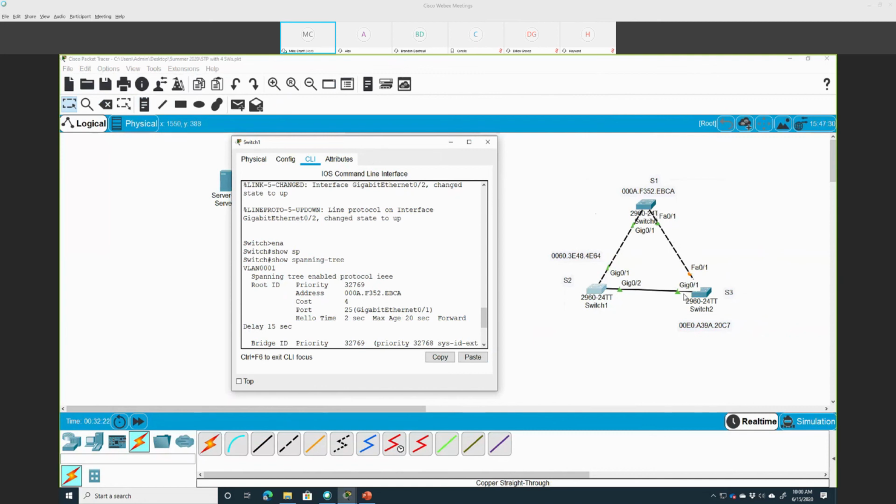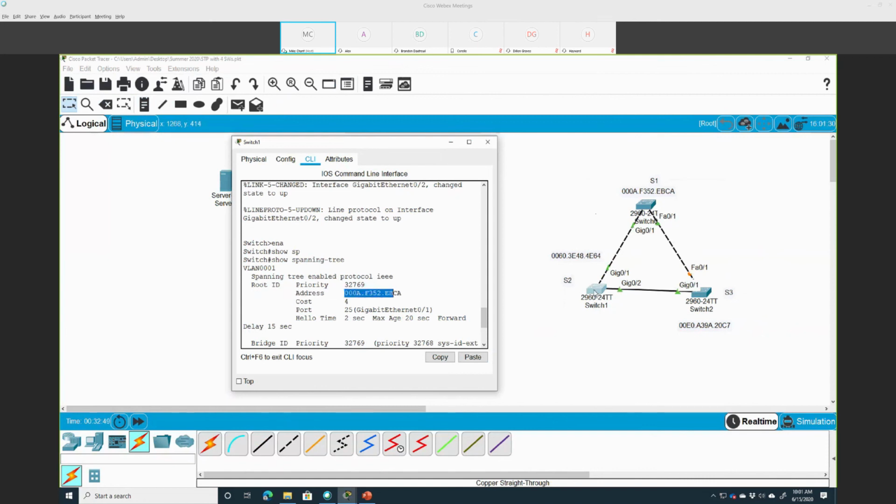And the root port is going from, this has become the root port right here. And this one goes to designated, and this is going to be a root port right here. Because really it's still S1, I mean 000A. So whoever has this MAC address is the root bridge.